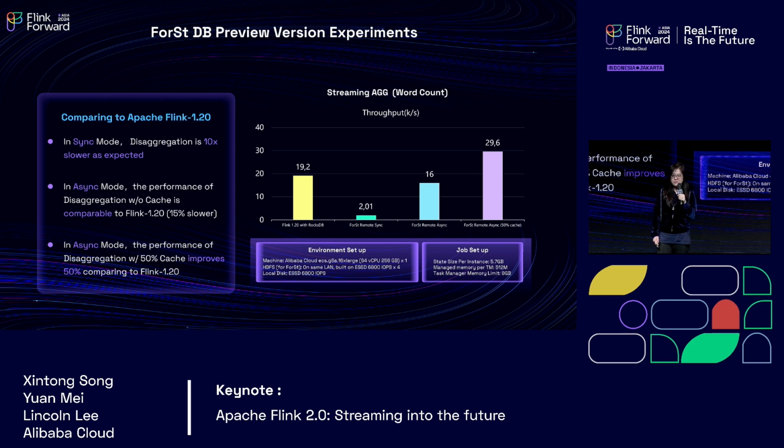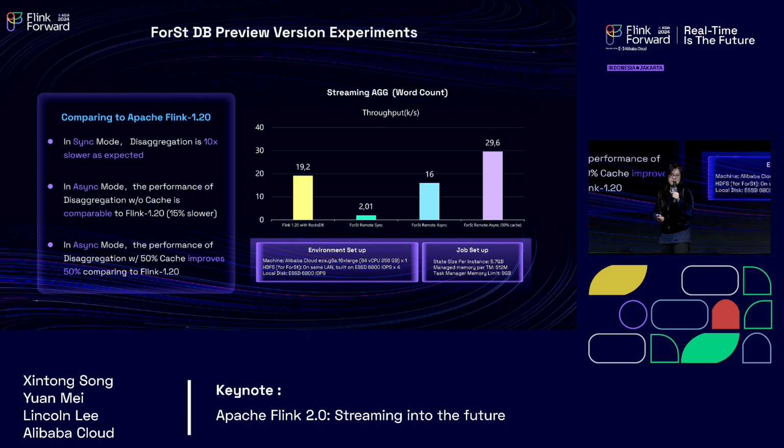Okay, then what's more? Let's see the third one. In the async execution mode, the performance of disaggregation with 50% of cache improves 50% compared to Flink 1.20. So what does it mean? That means with only half of the local disk, we actually achieve 50% better performance than before.